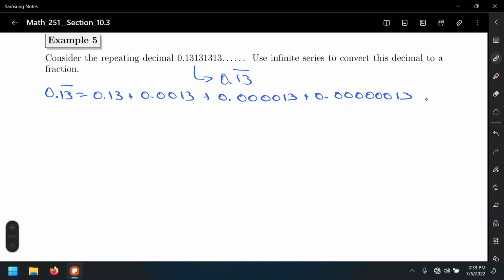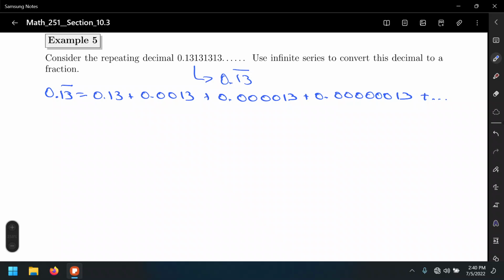This just goes on forever. But in order to turn this into a fraction, we need to convert this into sigma notation, and in particular into a geometric series that actually converges.